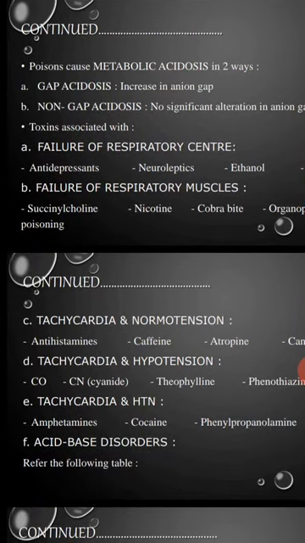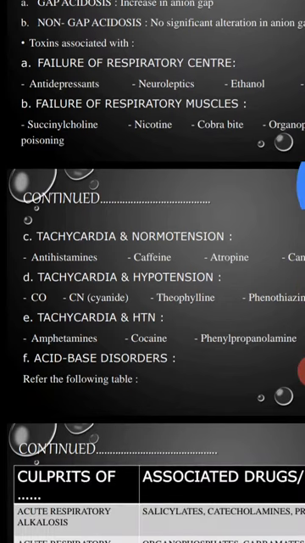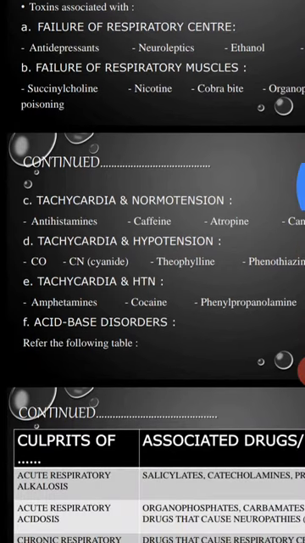Here they mention some toxins. What are the toxin characteristics? Some drugs produce respiratory failure, some produce respiratory paralysis, some produce tachycardia, some poisons produce hypotension, like this. You can just write these down.